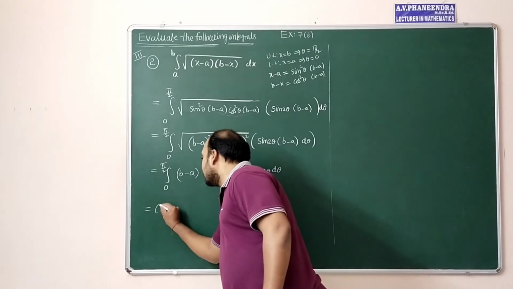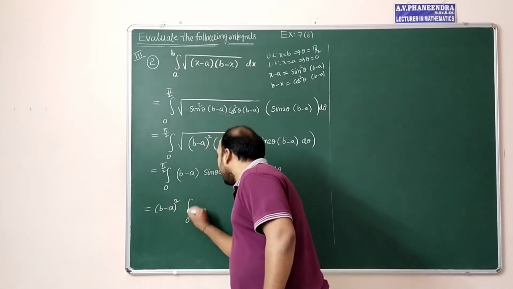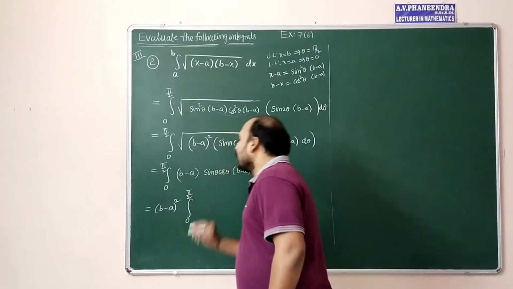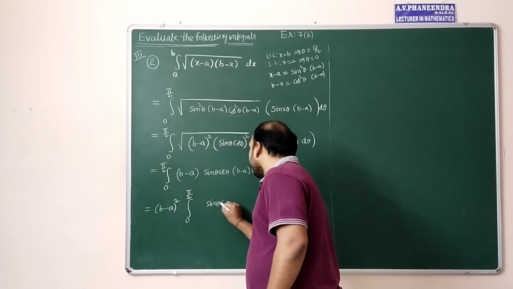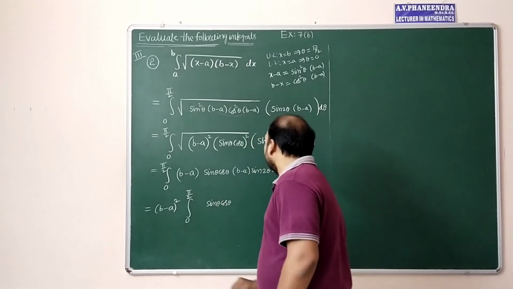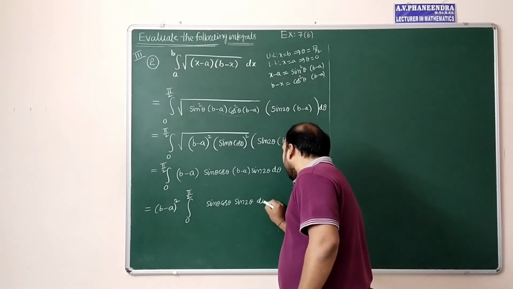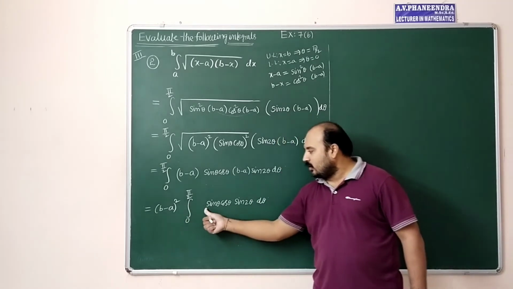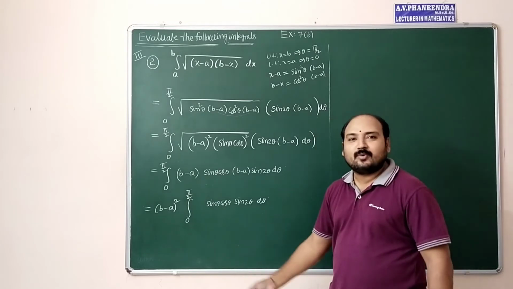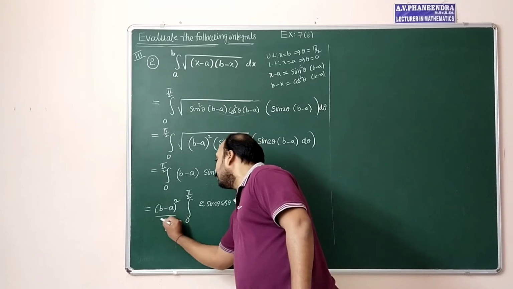So now (b minus a) whole square, integral 0 to π by 2, sin θ cos θ into sin 2θ dθ. Here if you multiply and divide by 2, it will become sin 2θ only, no? So for that I am multiplying by 2 and dividing by 2.